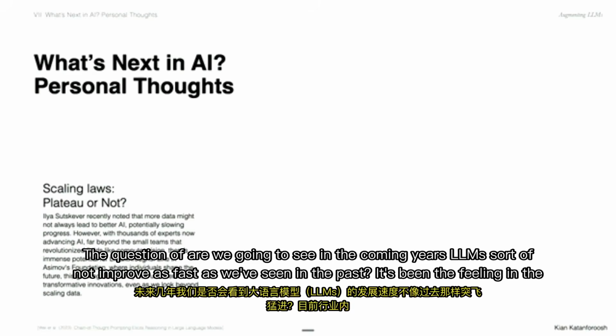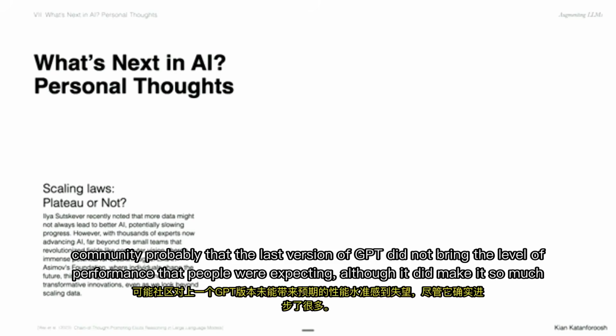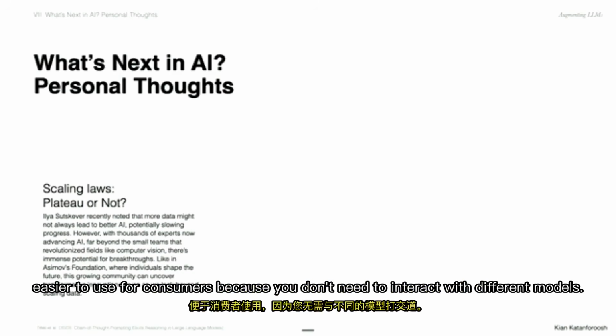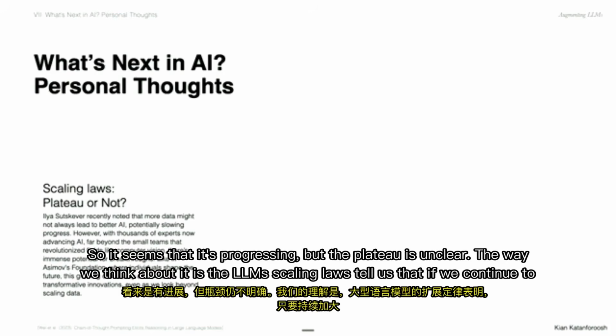It's been the feeling in the community probably that the last version of GPT did not bring the level of performance that people were expecting, although it did make it so much easier to use for consumers because you don't need to interact with different models. It's all under the same hood. So it seems that it's progressing, but the plateau is unclear.